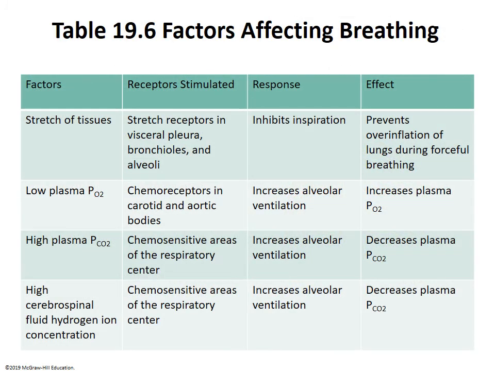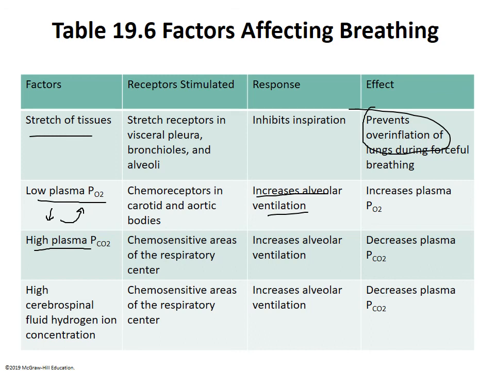So this is the chart going over some of the things that are going to affect it. Stretch of the tissues prevents overinflation. Low plasma O2 is going to increase breathing, increased ventilation, increased respiration, since I've got low O2 and I'm trying to bring it up. And the same thing with high plasma CO2. I need to decrease it.